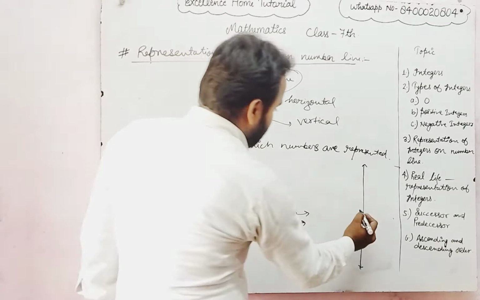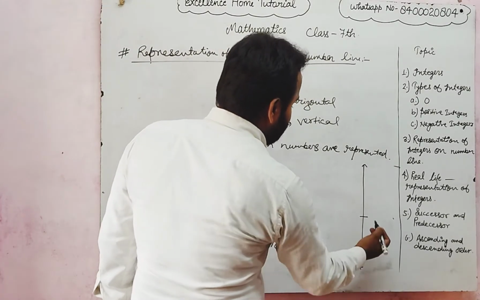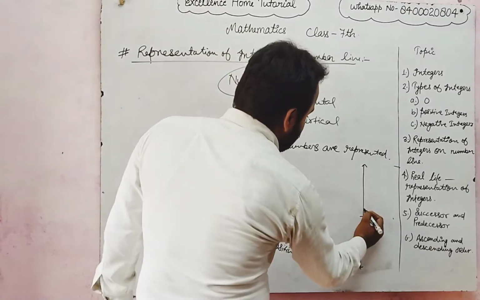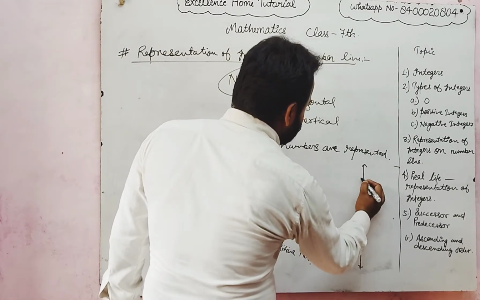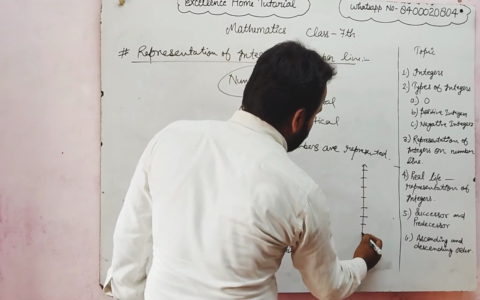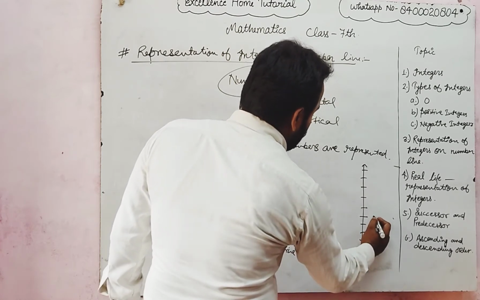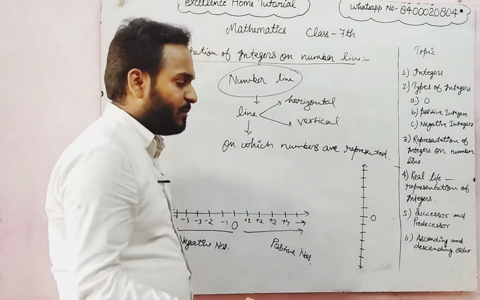In the vertical number line, in a similar way we have to divide the line into equal parts, taking 1 centimeter, 2 centimeters, and so on, and mark 0 anywhere on the number line.